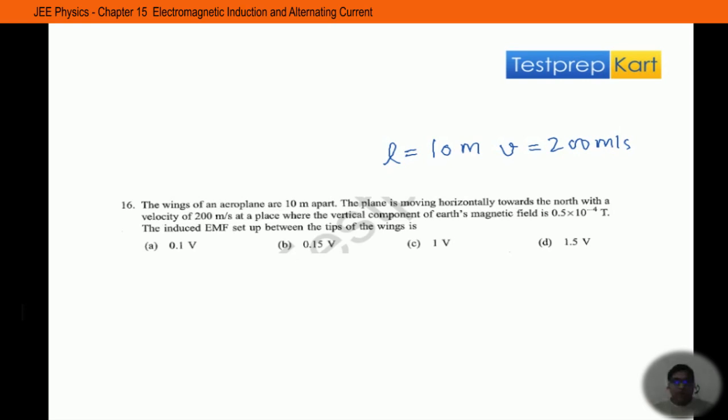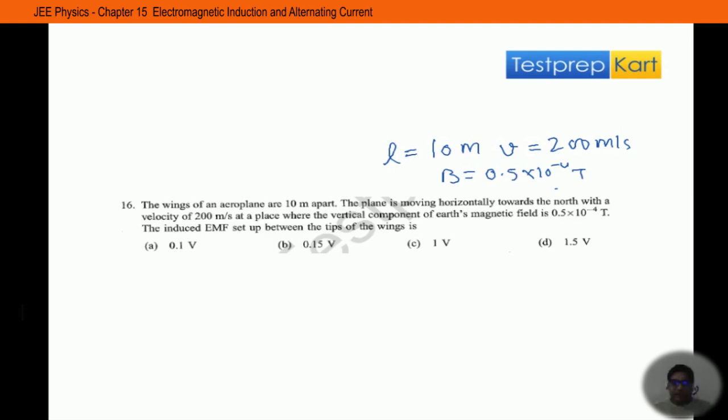And the component of Earth's magnetic field, which is perpendicular to the horizon, is 0.5 into 10 to power minus 4 Tesla. Okay. So the induced EMF between the tips of the wing.